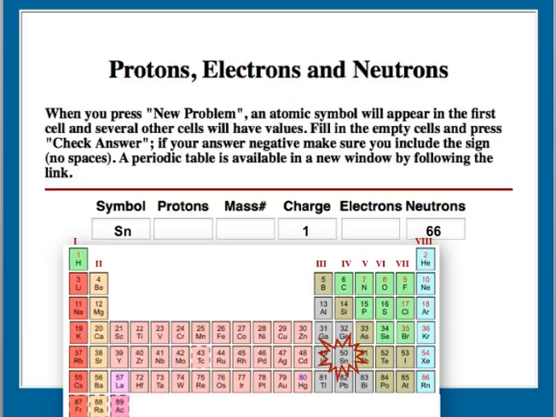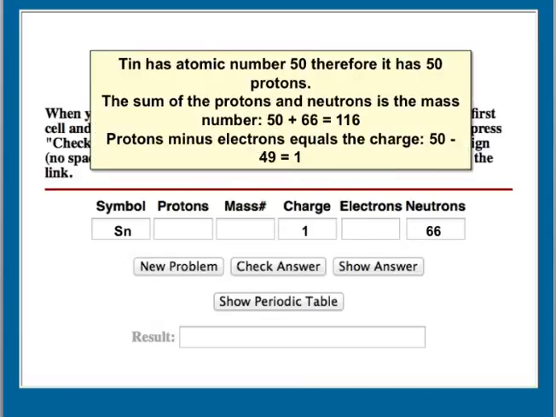So if we have 50 protons, we must have 49 electrons. So what we just said is this. Atomic number is 50, 50 protons. The mass number, protons plus neutrons, 116. We have one more proton than we do electrons, therefore we must have 49.